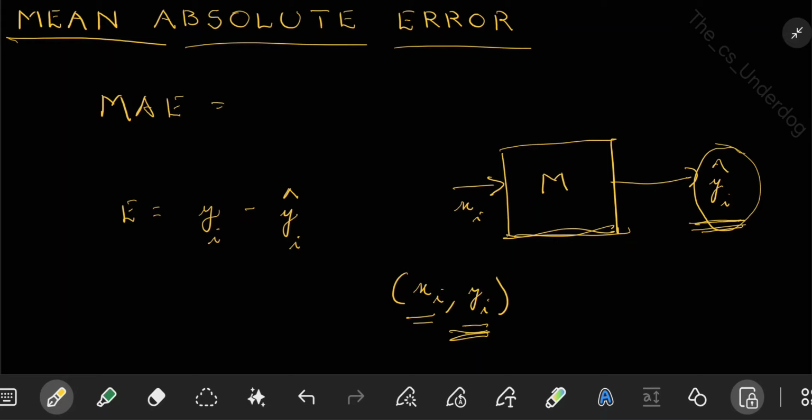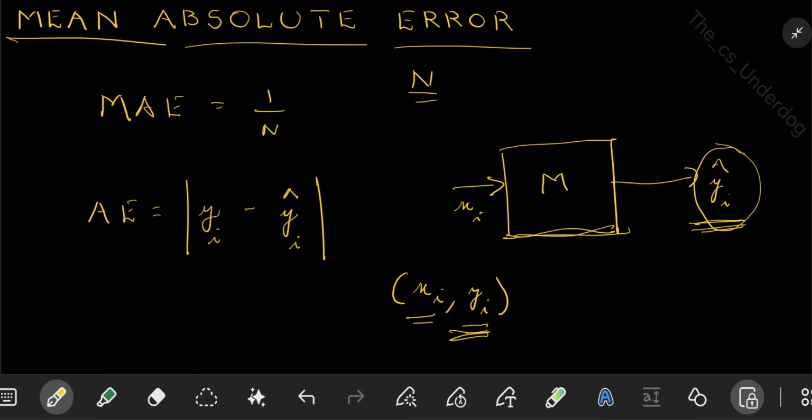The next thing is, what is absolute error? Absolute error means you have to take the modulus, mod of yi minus yi cap. This is called absolute error. The next step is mean absolute error. If you want to find the mean of anything, let us say there are n samples and you want to find the mean value of these n samples, what will you do?